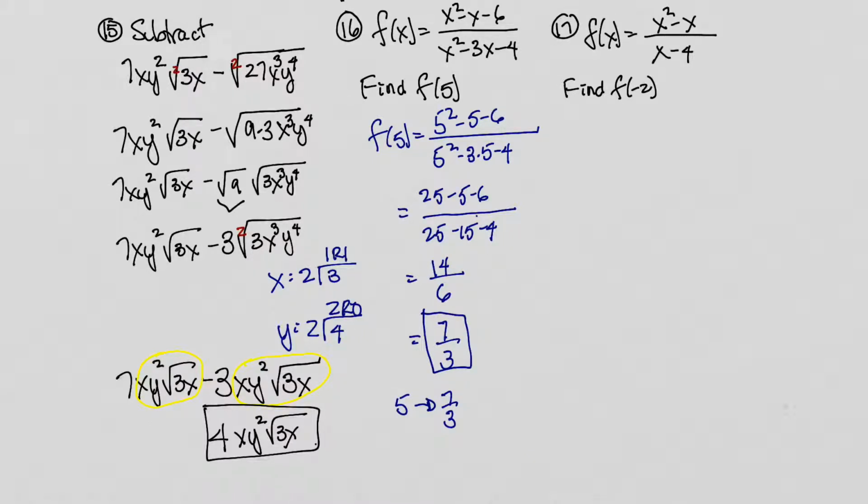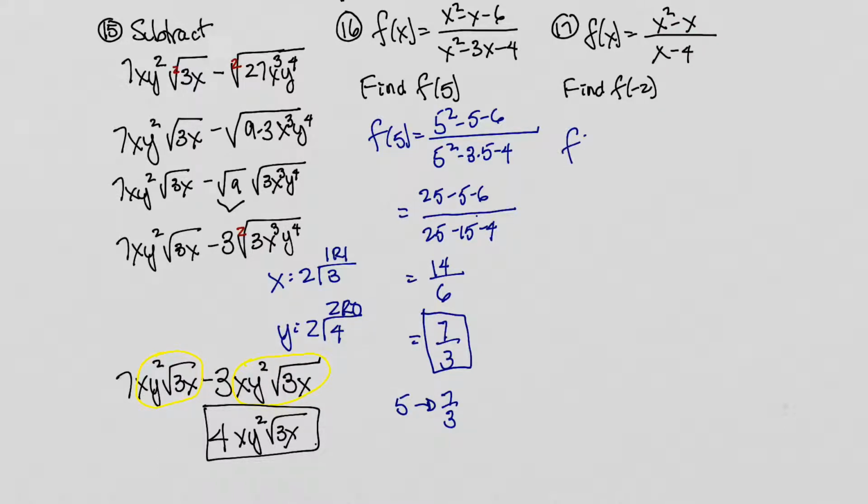Now in 17, we're given this set of computing instructions, and we want to find the output when we input -2, f of -2. The -2 is inside, so that's our input. We're going to put that -2 into x up here. You can see that x has been replaced by -2, so let's replace all the x's with -2.